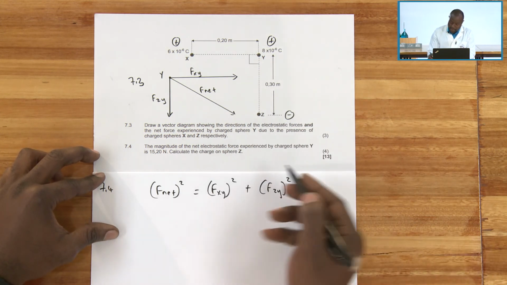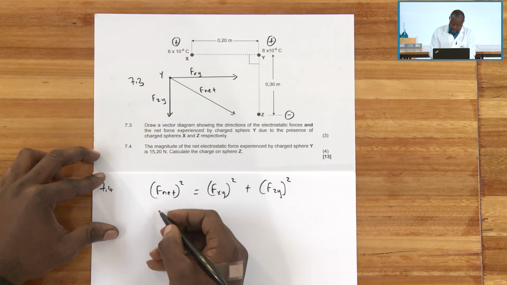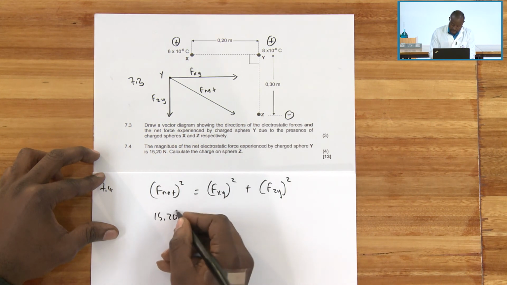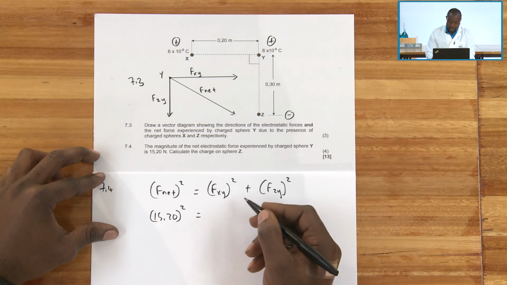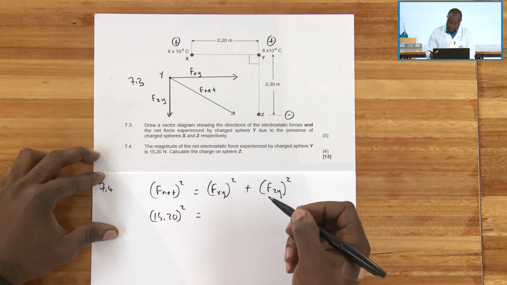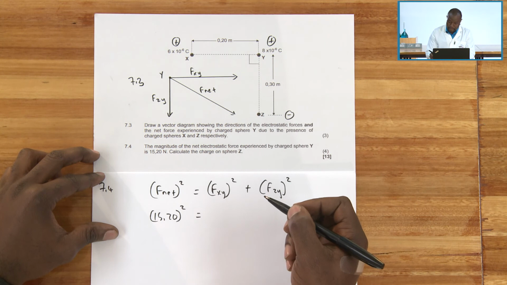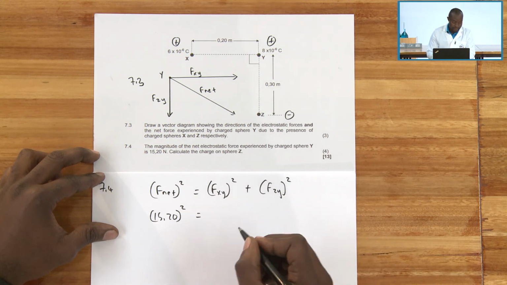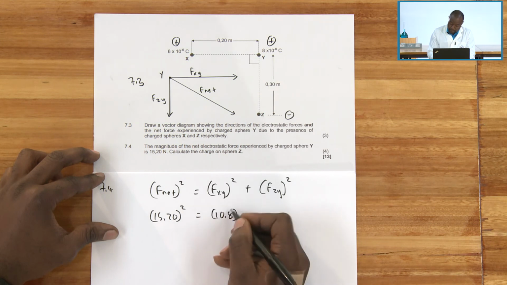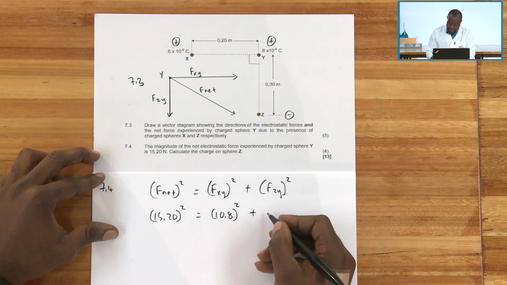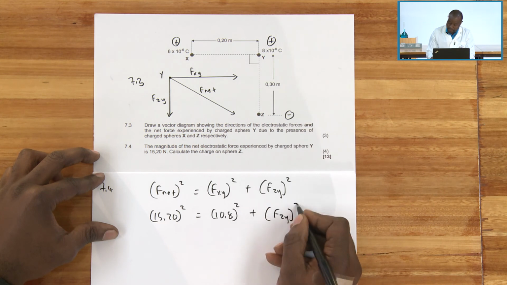And we are told here that the F net is actually 15.20. And we have already calculated our Fxy, and we already found it out to be 10.8. And this is what we are looking for, Fzy squared.